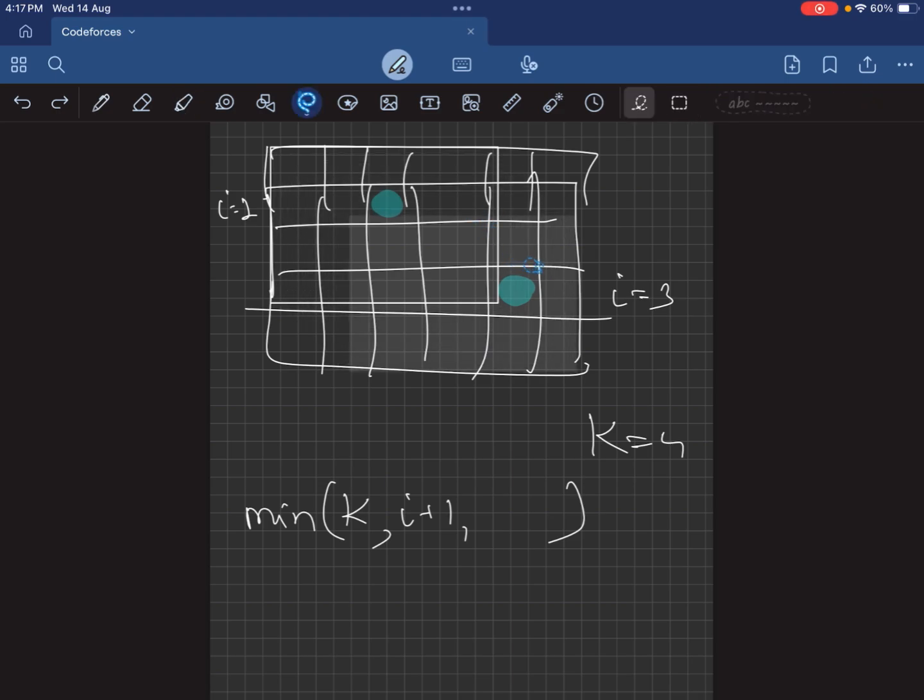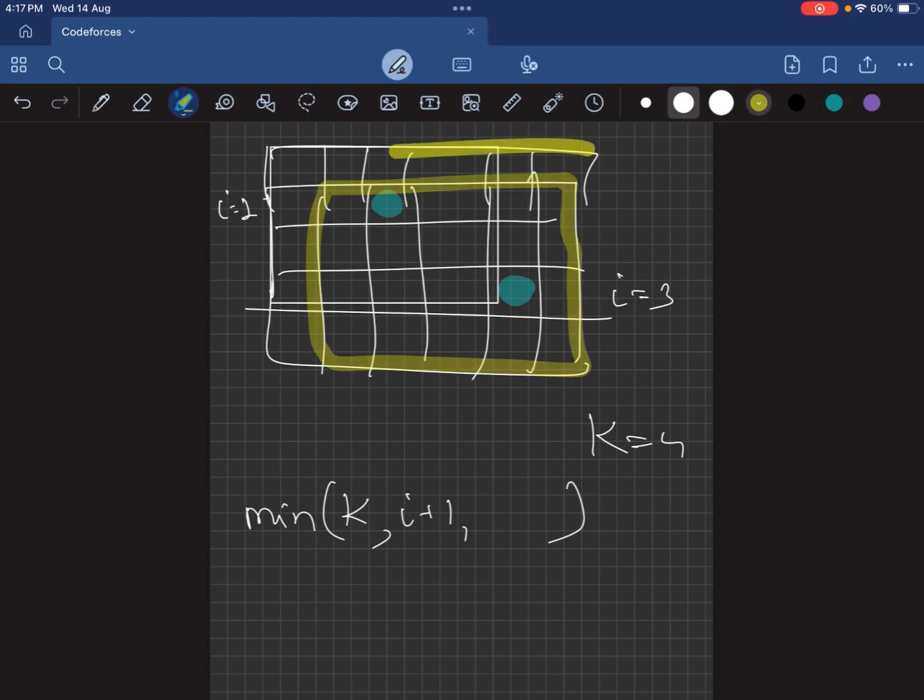So we need a 4 cross 4 grid, but this grid will also be part of, let me change color, this grid will also be part of 1 and 2 subgrids. So this value is also bounded by n minus i, because n is 5.